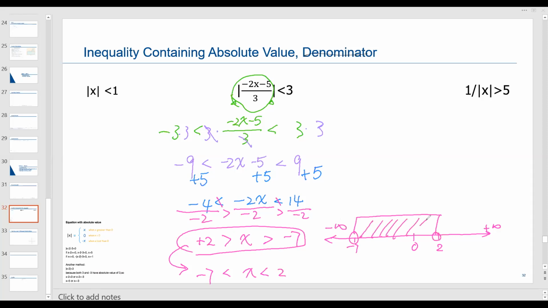So that's the answer. If you're not confident enough to say whether this is the solution or not, let's pick a special number in between these two to check it. Let's pick 0, right? So pick 0 to replace the x and then try to see what's going on. Okay, so x was replaced by 0.